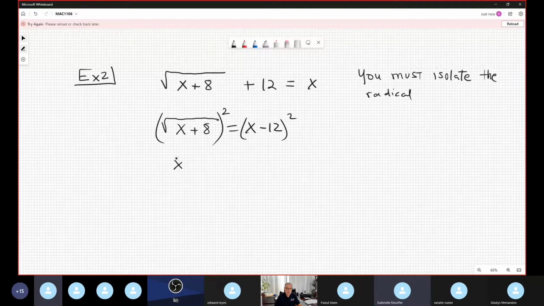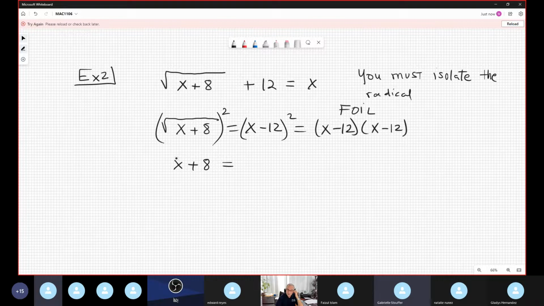Okay, I know very well. The radical and the square cancel out each other. Now you multiply x minus 12 times x minus 12. We are working here in this class for advanced study. Normally in college algebra, for regular study, you apply FOIL here. Personally, I don't like it, but it's okay. x times x is x squared. x times minus 12 is minus 12x.